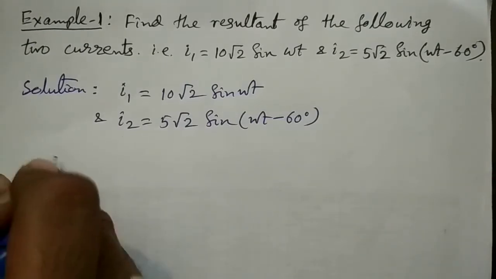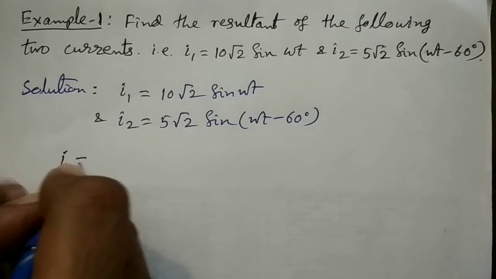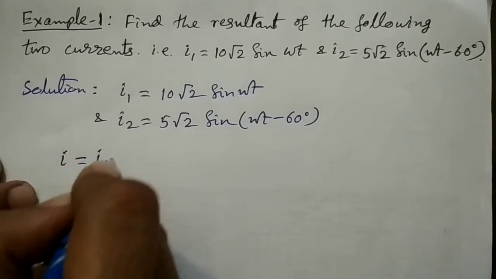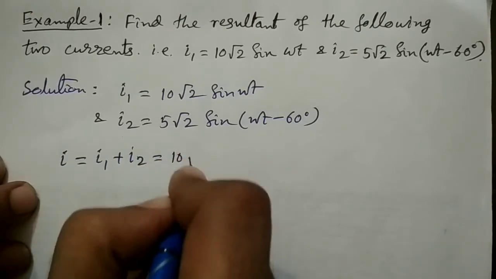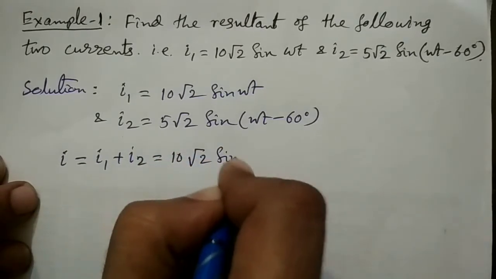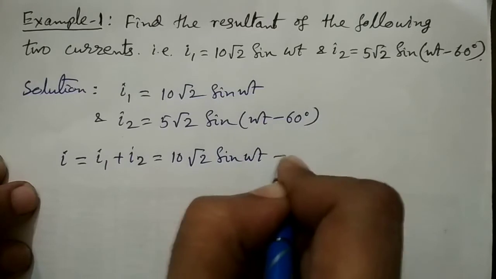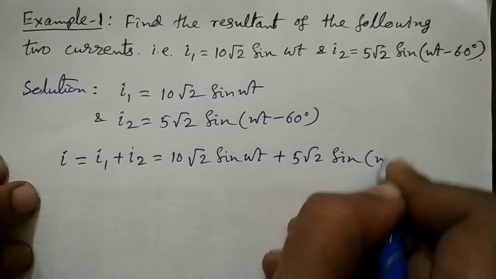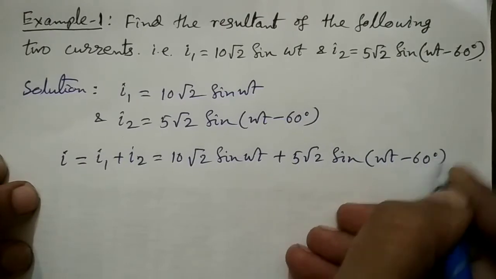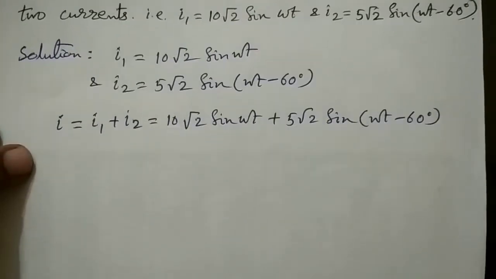So the resultant current I will be equal to I1 plus I2, that is 10 root 2 sin omega t plus 5 root 2 sin omega t minus 60 degrees.